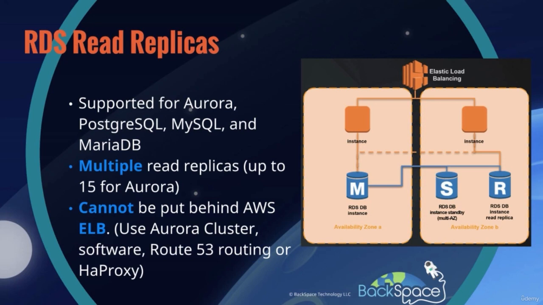And finally, you can implement your own load balancer using HA proxy running on an EC2 server. But that's going a little bit too advanced and a little bit too complicated. Most people just implement a solution in their software or implement an internal domain name using Route 53.